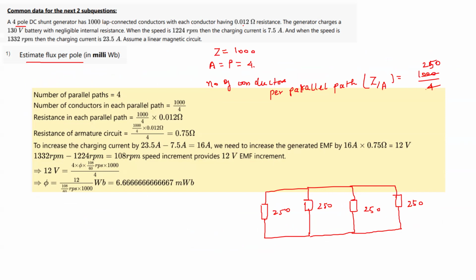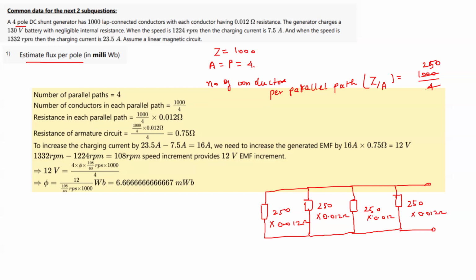Each of the conductors has 0.012 ohms. So in this path there will be 250 into 0.012 ohms, in this part also 250 into 0.012 ohms, and likewise in the other parts. What will happen to the total combination?